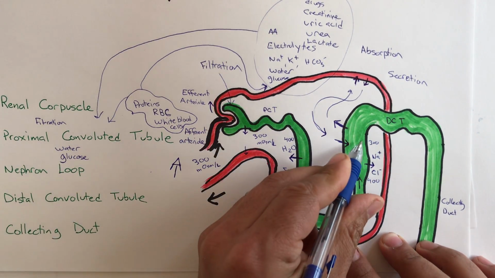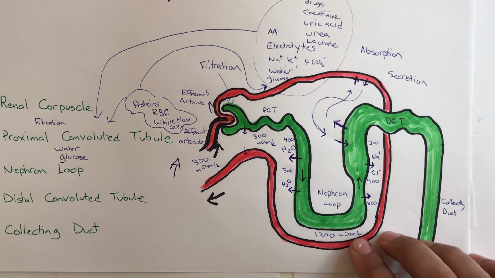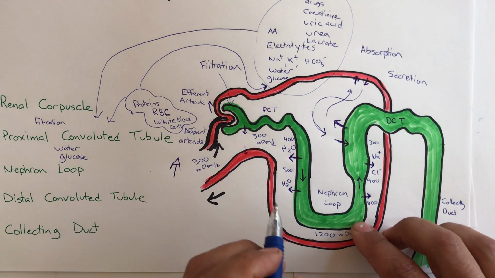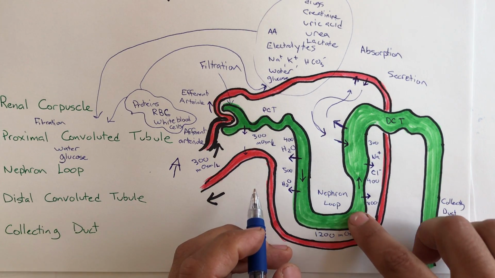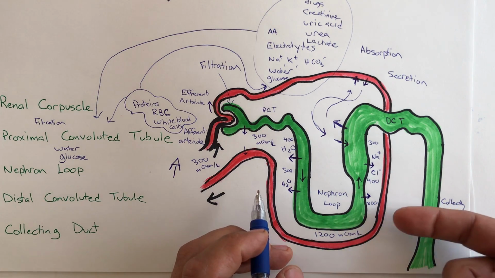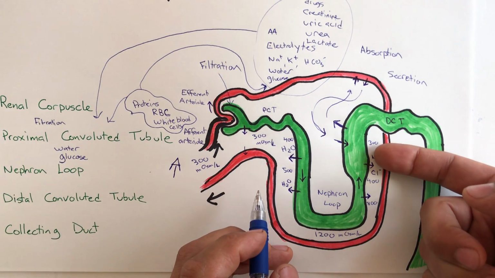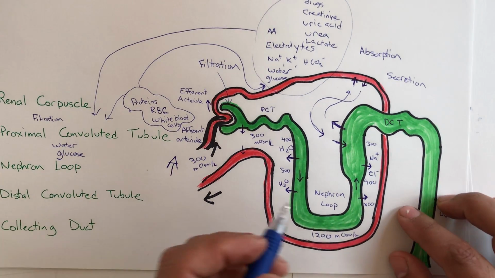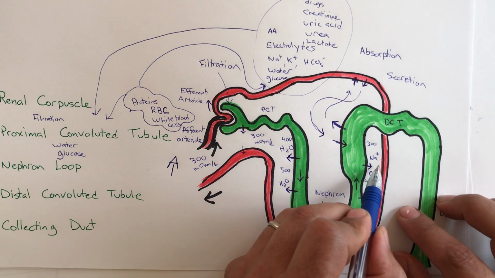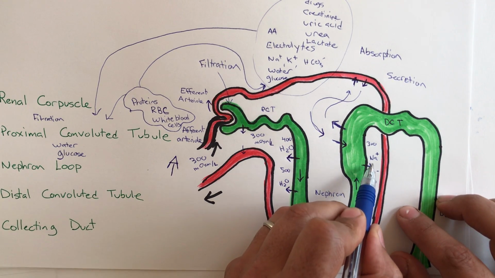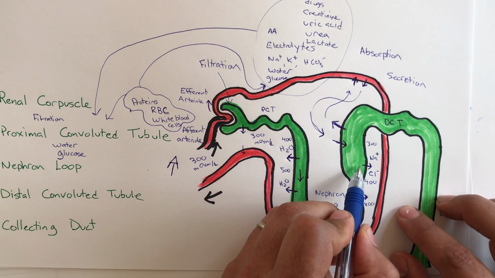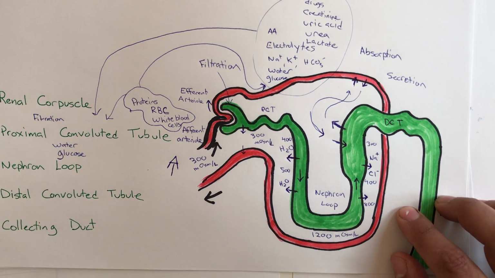How does it go back down? Well, it's one of two things. Either we're taking sodium and chloride out, or we're dumping water in order to dilute it. And the answer is, we're getting rid of the sodium chloride out of the tube. We're absorbing it into the bloodstream.